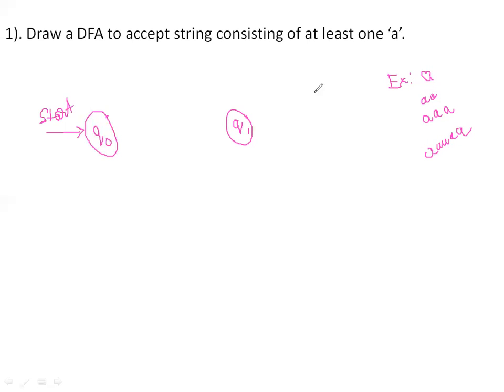Clear? So what we did, we took some examples, or samples of strings, which satisfy this condition. Then I'm going to take 2 states, that is Q0 and Q1. I made Q0 the start state.